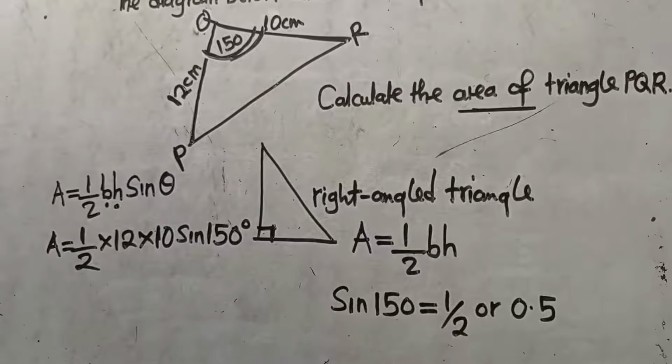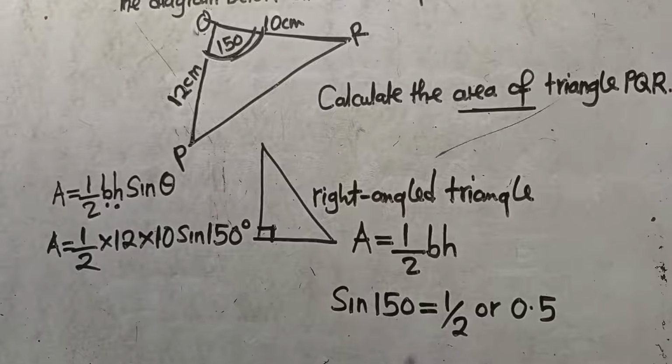You may ask me, how did I know that sine 150 is equal to that? You can have such questions. Whenever you've got something like this, these are called special angles.